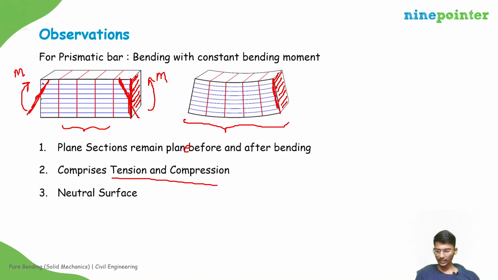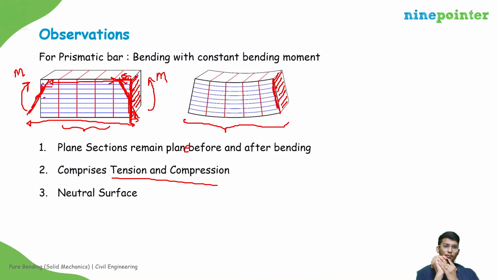The initial length is this much, but the final length is decreased. So at the top area, the particles are under compression. If you go to the bottom portion, the length is increased, so the particles move to here. For this bending moment, the bottom portion is in tension.